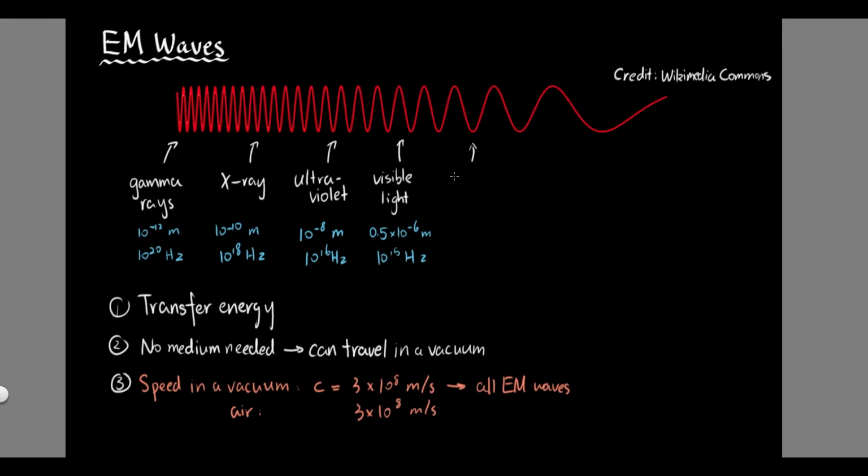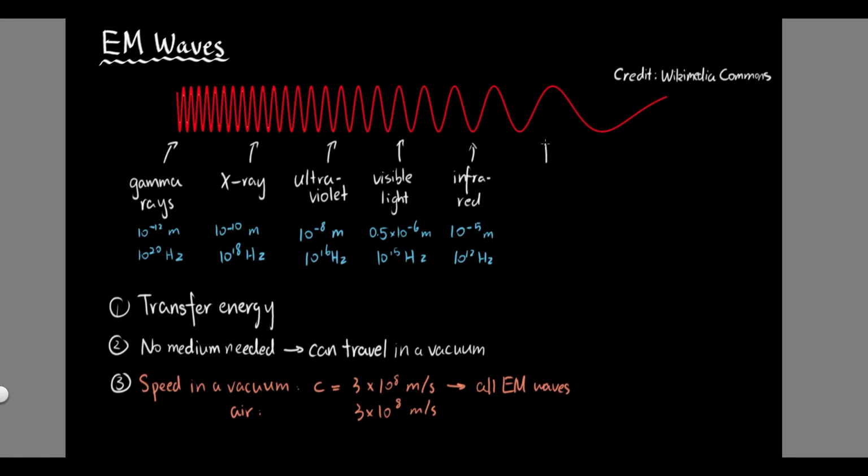And we have infrared, which has a wavelength of around 10 to the negative 5 meters, and the frequency is only 10 to the 12th hertz. That's about the size of a needle point, so it's still pretty small, but we're getting bigger. And then we have microwave.